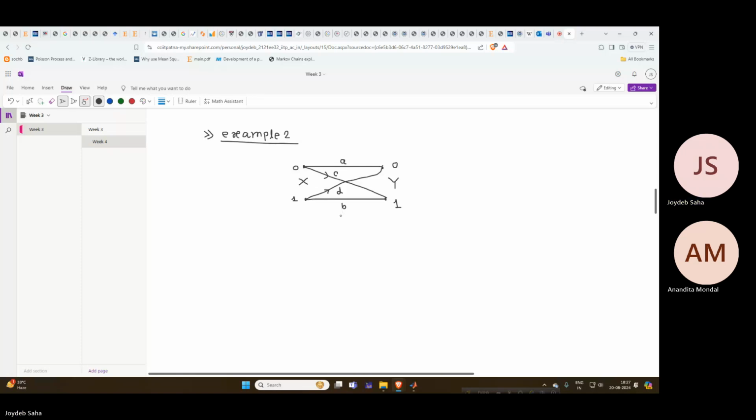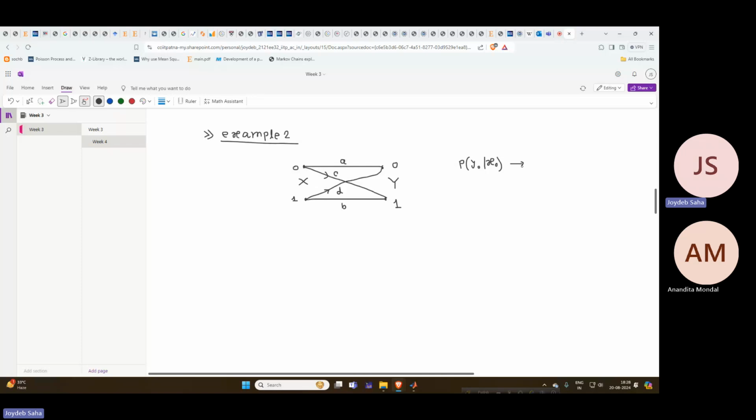Now we assume that A is equal to event A. What it means is that the probability of A, if we write that, will be probability of y0 upon x0.